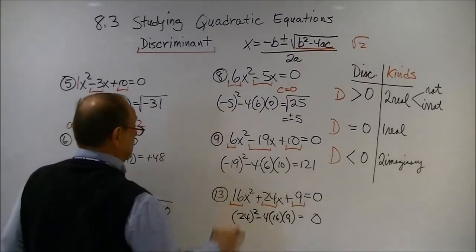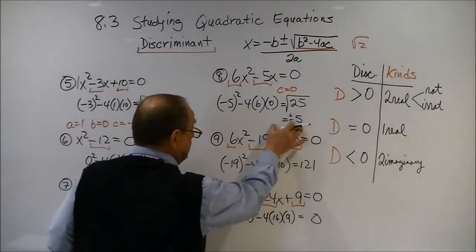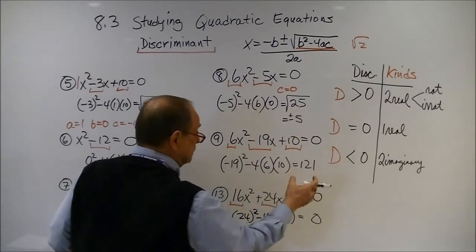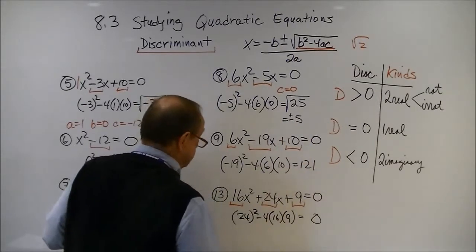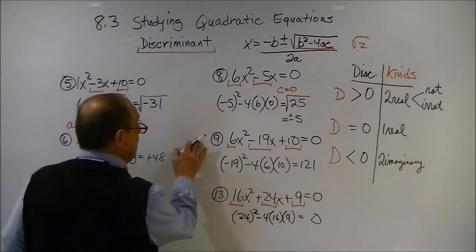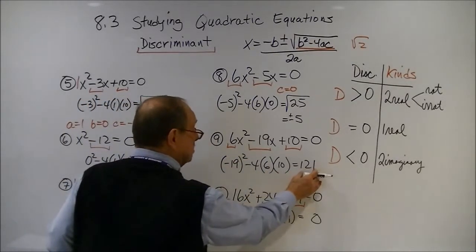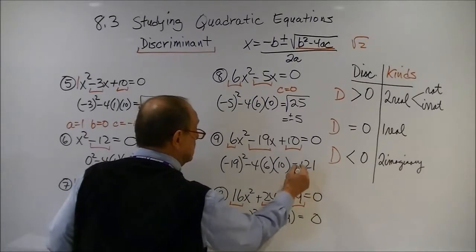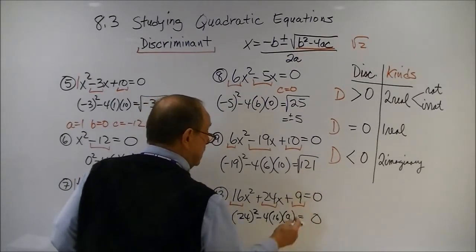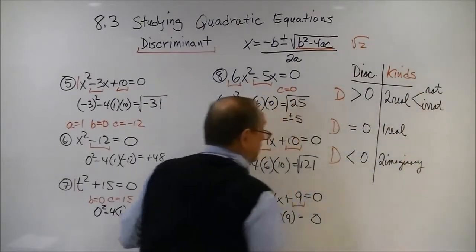But I get from my discriminant two rational, real solutions. For number 9, again, here's my discriminant. It comes out a positive 121, which is a perfect square. So I'm going to get two real solutions that are rational.